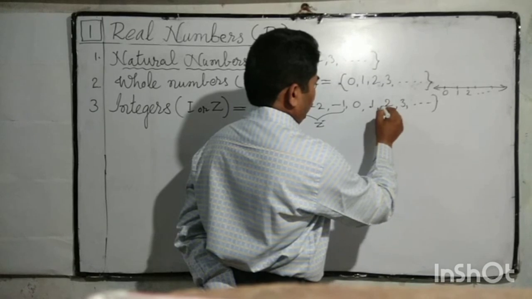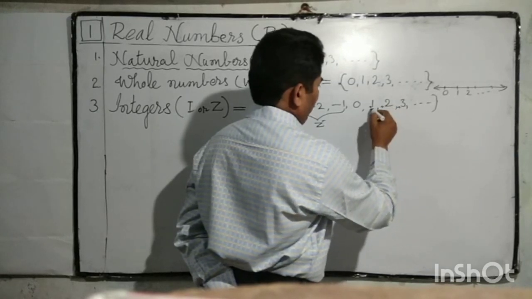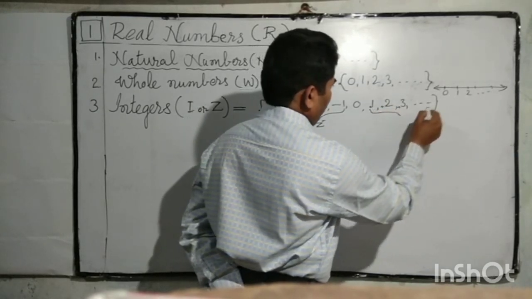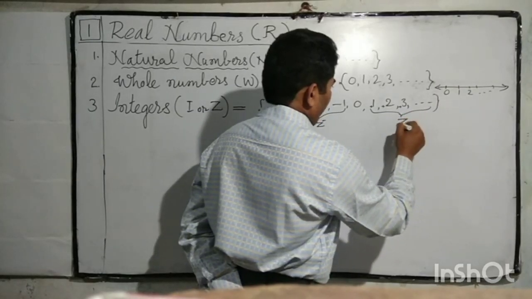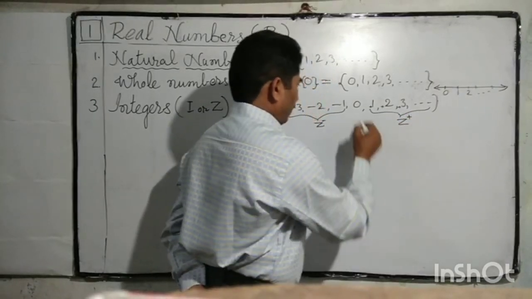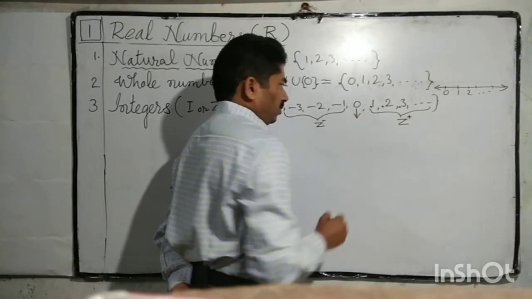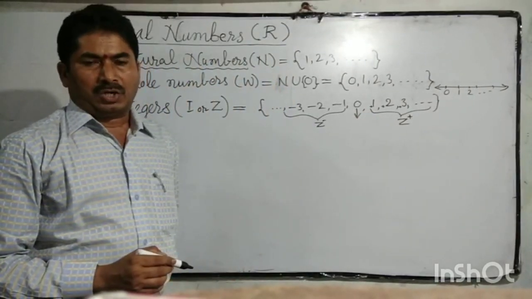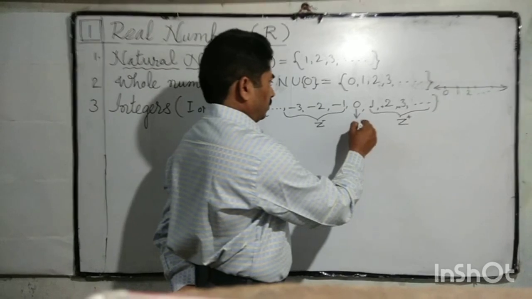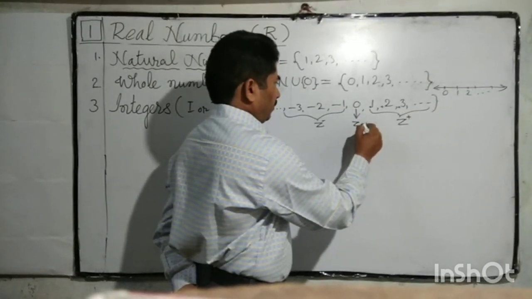Plus 1, plus 2, plus 3 and so on are positive numbers, Z plus. This is 0, neither positive nor negative. This is neutral.